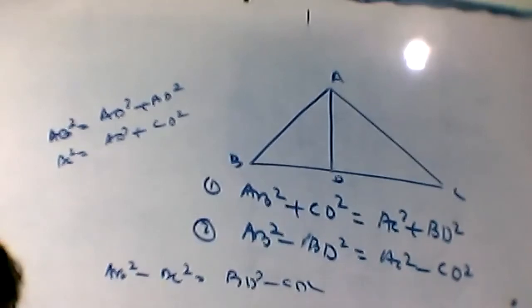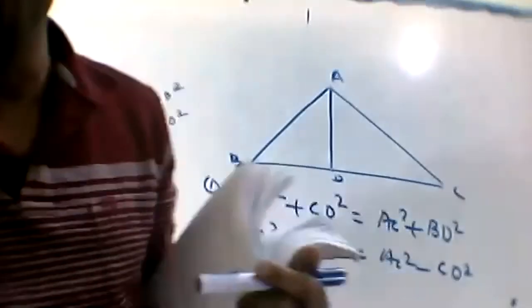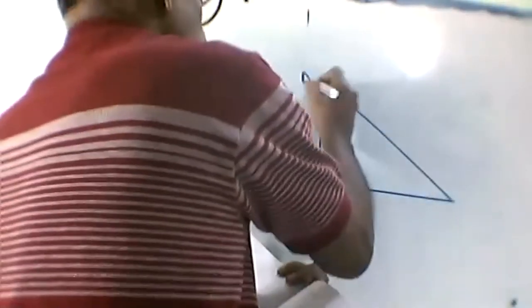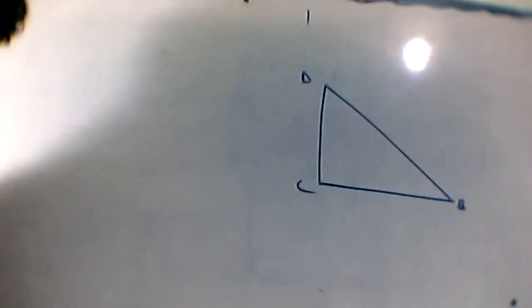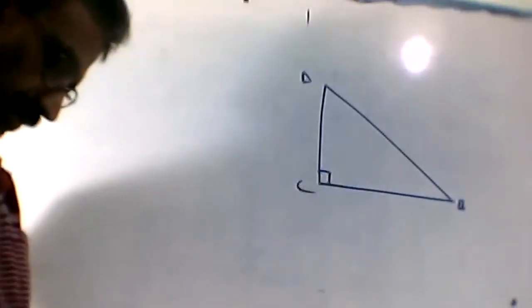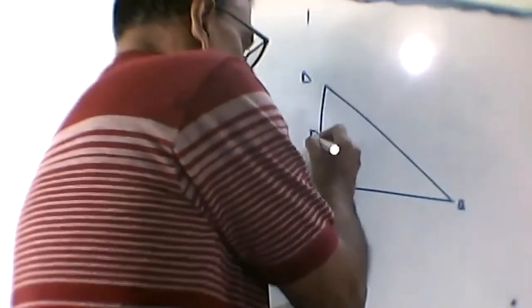Okay, next question. P and Q are points on the sides CA and CB respectively of triangle ABC, right angle at C. P here, Q here.